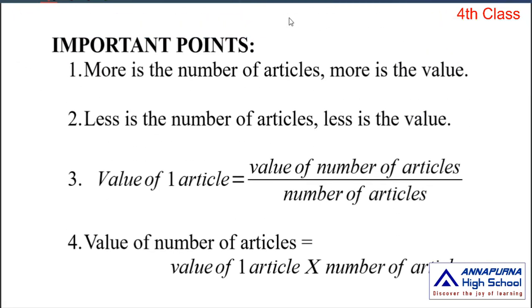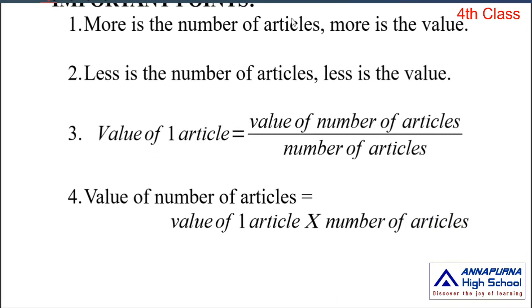So in the unitary method you have to recall these points. These are very important. If you understand these points you can solve very easily. What is the first point? More is the number of articles, more is the value. If he asks for many more, the value always increases.